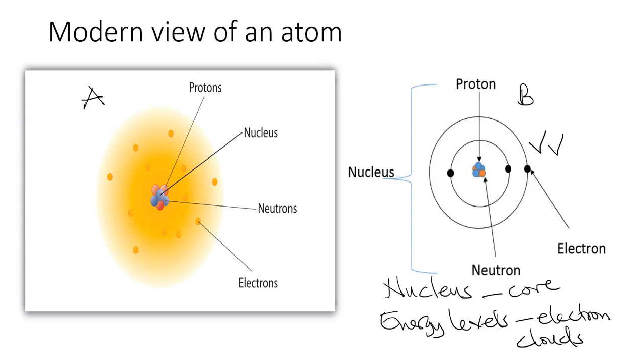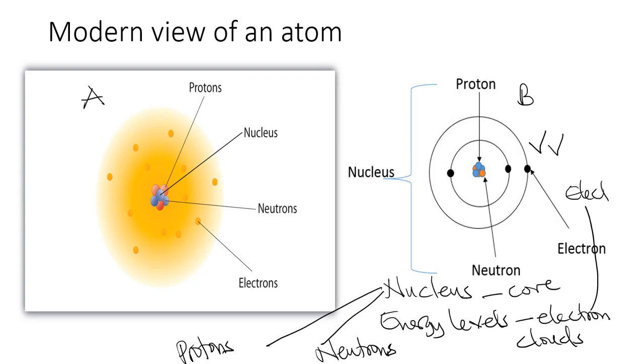Now the nucleus has two particles in it. So the nucleus has protons and neutrons. That's what the nucleus has. The energy levels have electrons. So what are these particles?